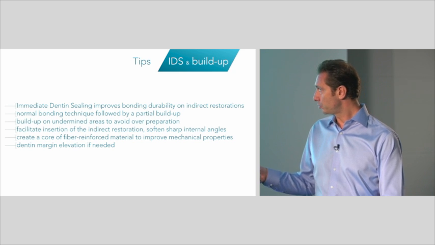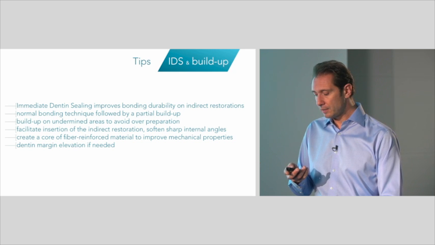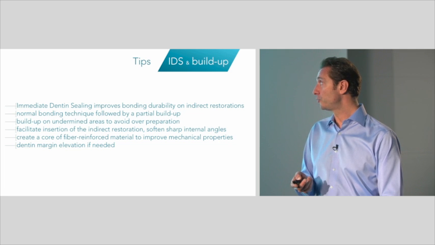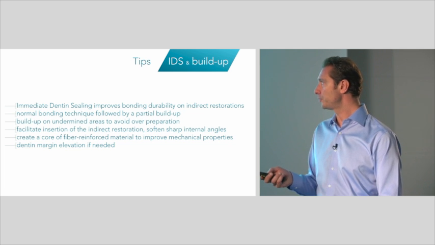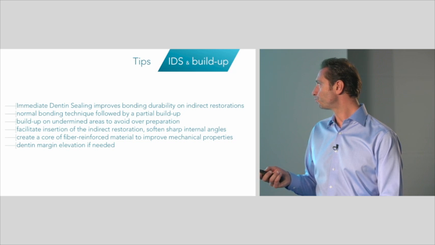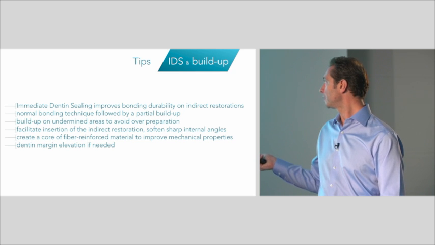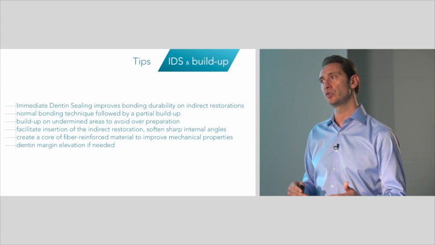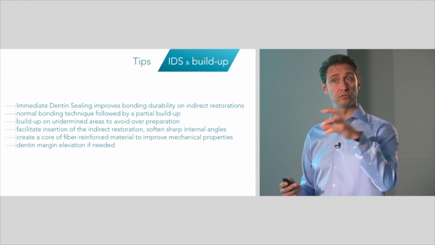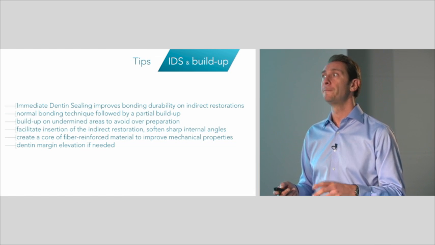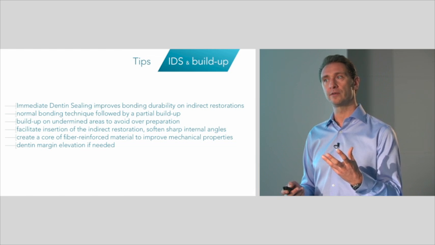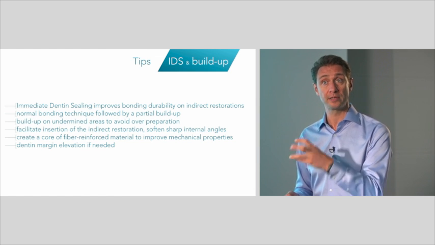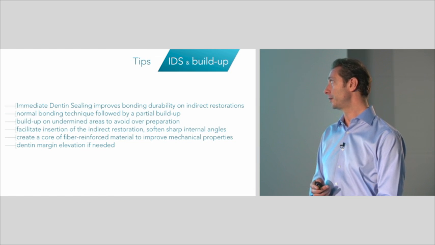Undermined areas should be built up, and undercuts should be removed. Sharp internal angles anyhow should be avoided in relation to insertion, but also in relation to the final behavior of the restoration, indirect restoration that we will put into the tooth.